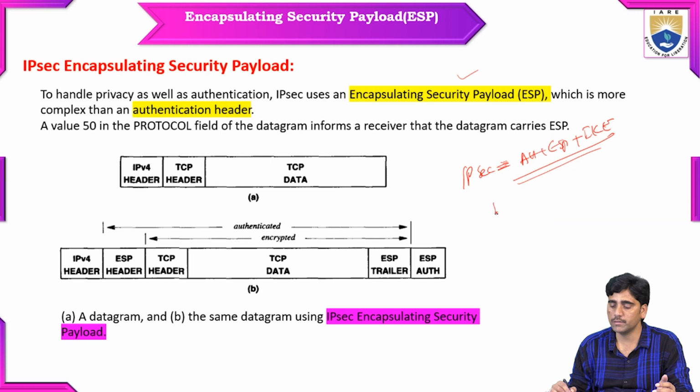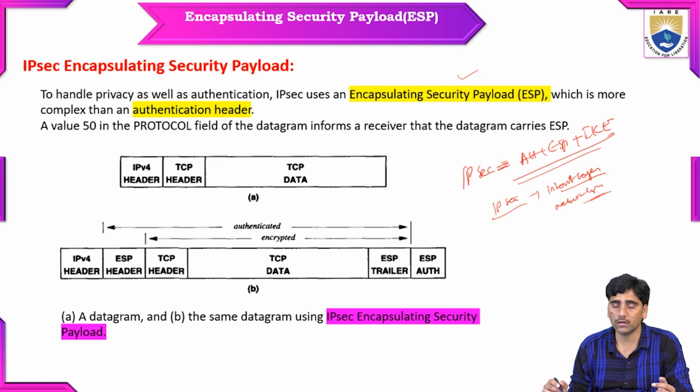And this IPsec is provided as a service in the internet layer, or network layer. So how does ESP, encapsulating security payload, give security? It is more complex than the authentication header.